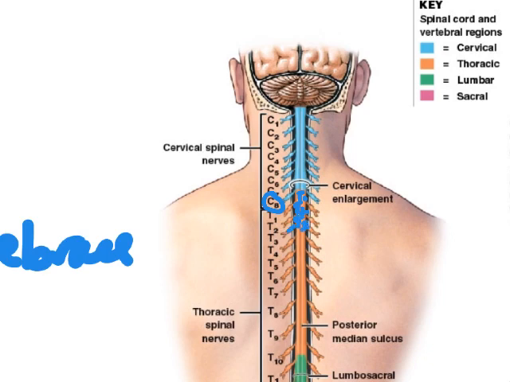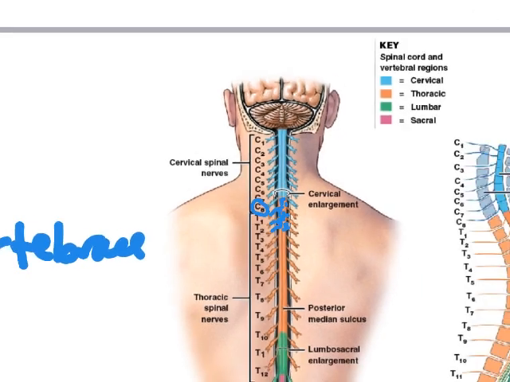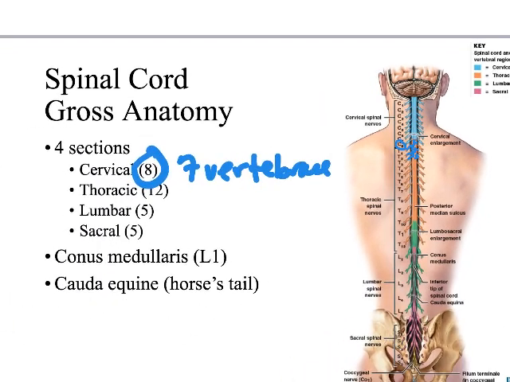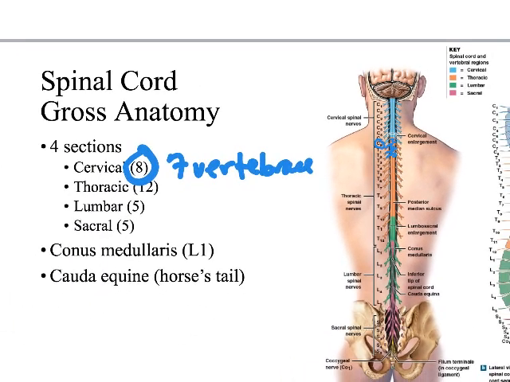And so the nerve is going to come out just below each of the vertebrae that it's named for. And there are 12 thoracic vertebrae, and there are 12 thoracic nerves. There are 5 lumbar vertebrae, and there are 5 lumbar nerves. So it's only the cervical that's really different from the vertebrae that you have already learned.